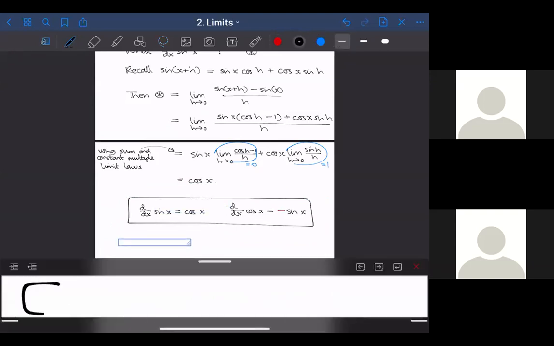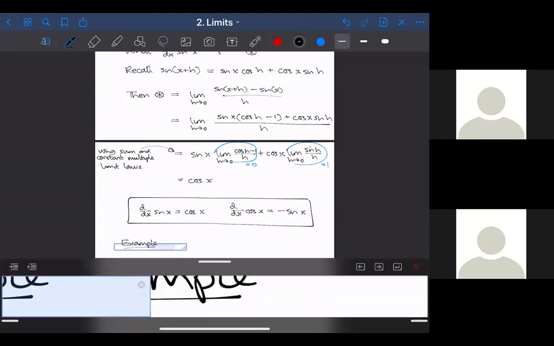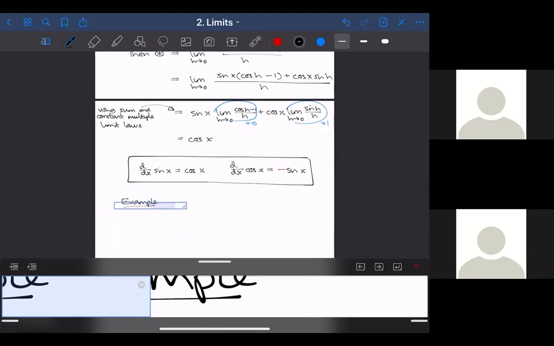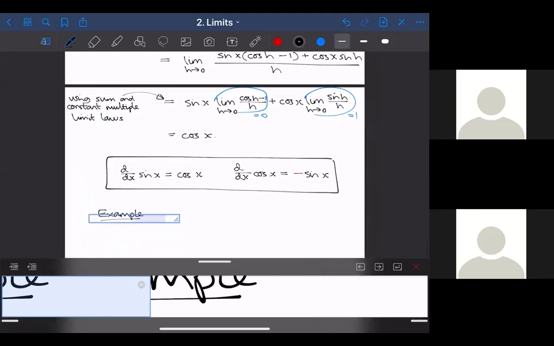So an example of how these trigonometric functions appear in real-world problems.